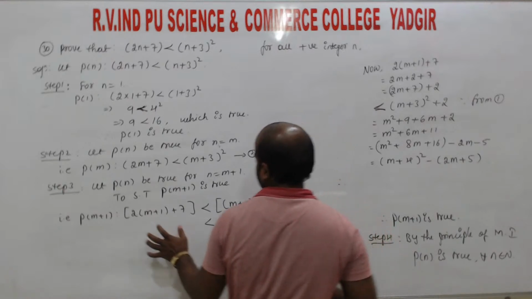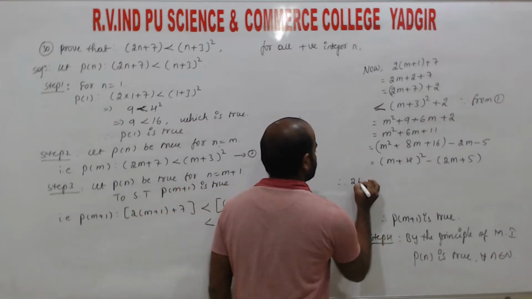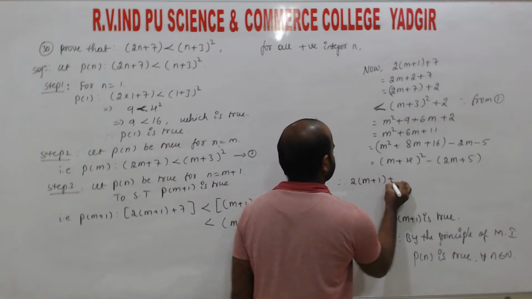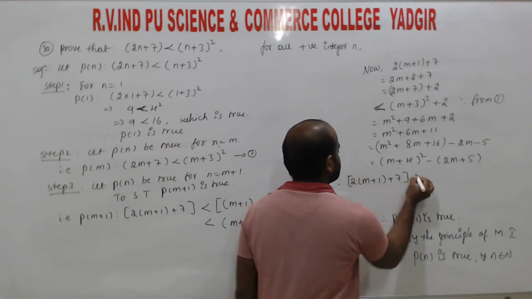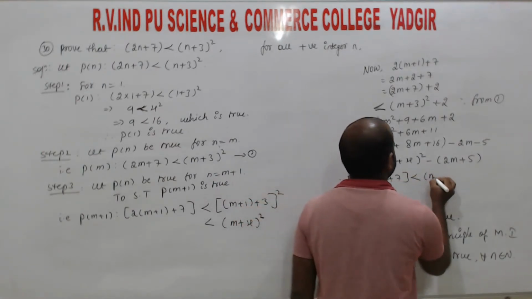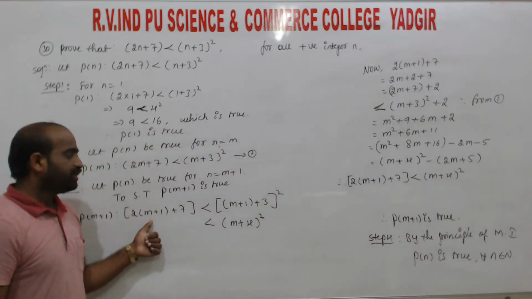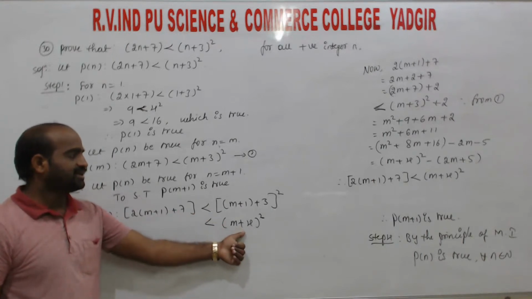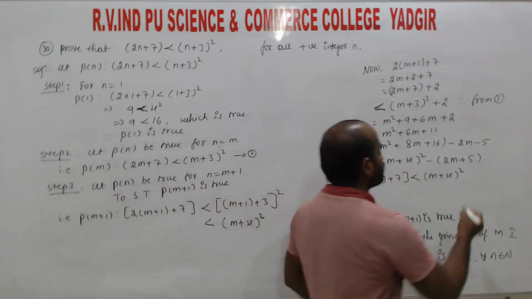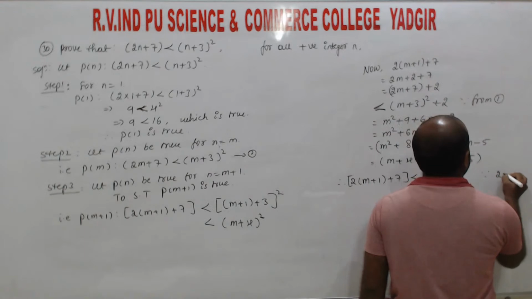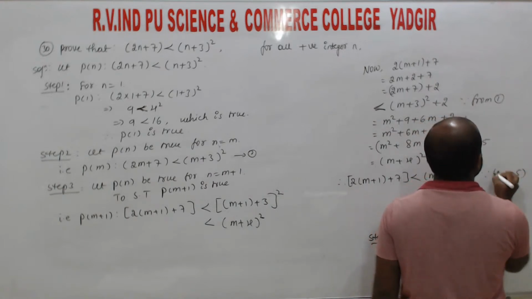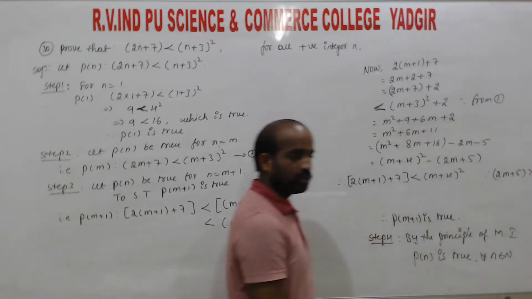Therefore, 2 into m plus 1 plus 7 is less than m plus 4 whole square, because 2m plus 5 is greater than 0.